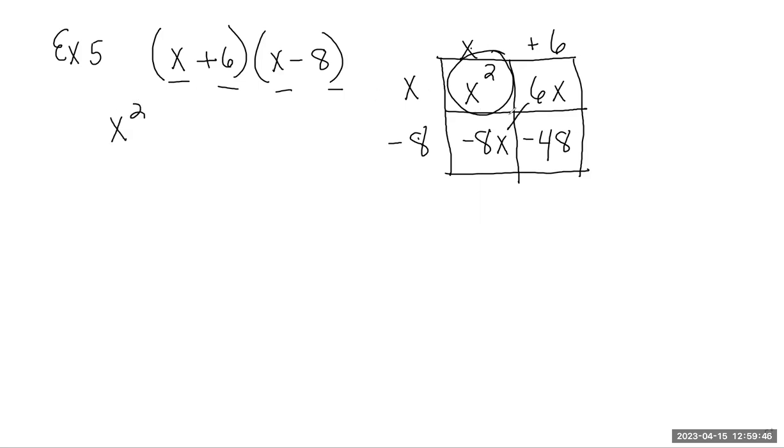I'm going to combine along my diagonals. So I'll be subtracting since I have unlike signs, and I take the sign of the number that has the largest absolute value. So that would be the 8, the negative 8. So that will give me negative 2x minus 48.